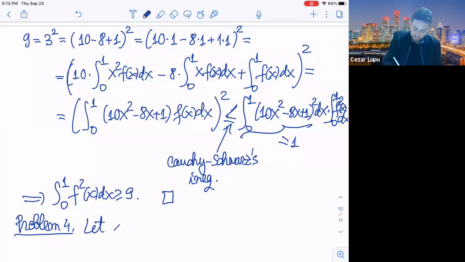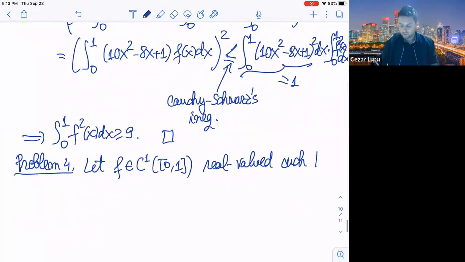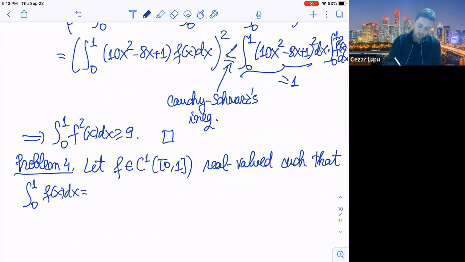So let me consider f to be, all right, I'm going to write it like this. f is a C1 function on [0,1], real valued, such that we have something very similar, such that the integral of f is the same as the integral of x times f.